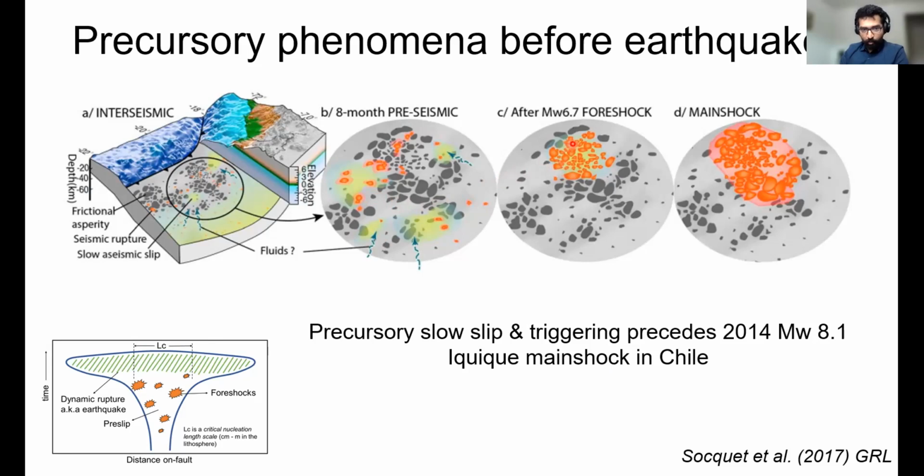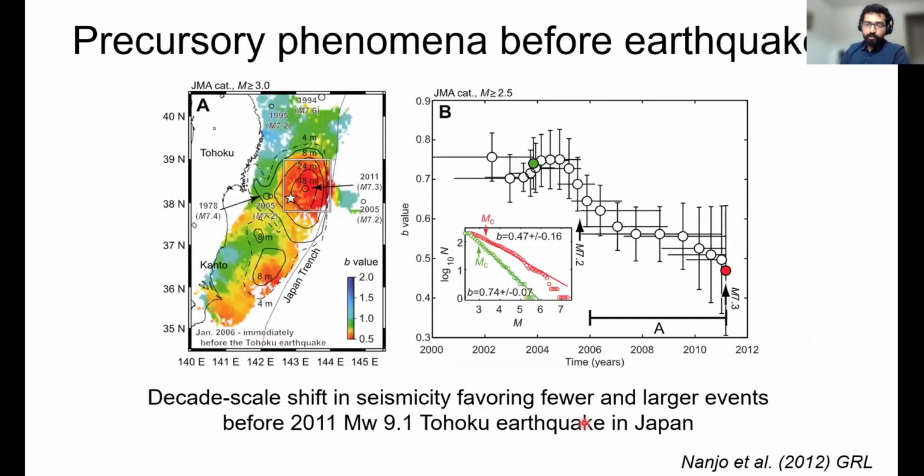There was some intense foreshock activity, which are all the orange and the green patches. And finally, all of these culminated in the magnitude 8.1 earthquake that ruptured the interface. And just this cartoon of this subduction interface, you can really see how remarkably similar to our theoretical earthquake nucleation process this is.